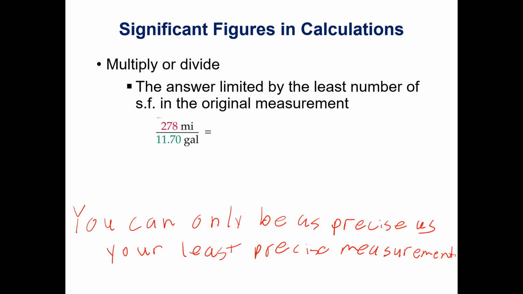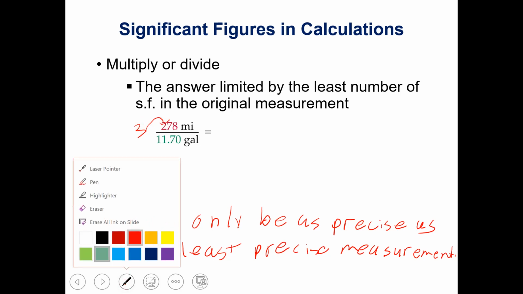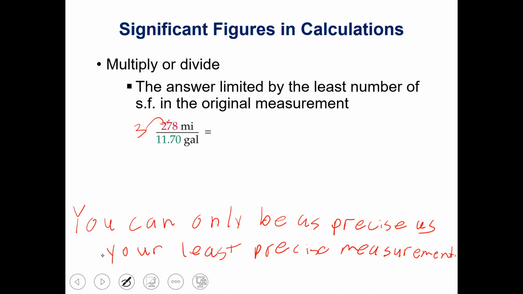So for example, 278 has 3 significant figures. But if we look at our number of gallons, we have 11.70. There's a decimal, so that trailing zero is significant. So this has 4 significant figures. So we can only be as precise as our least precise measurement.